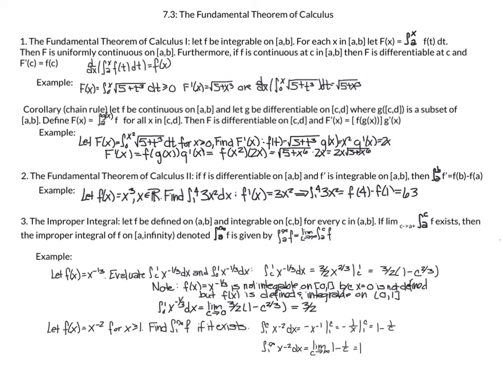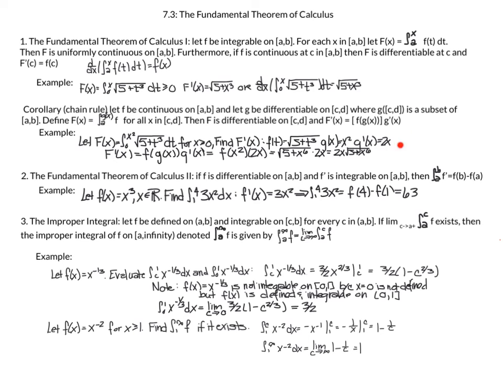Also, there's this alternate form of the Fundamental Theorem of Calculus Part 1. We did a corollary for the chain rule that said, under the same conditions, f is continuous on [a, b], g is differentiable on [c, d], where the image of g on [c, d] is a subset of [a, b]. Then if we define capital F to be the integral from a to g of x of f, capital F is differentiable and F prime of x is equal to f of g of x times g prime of x.